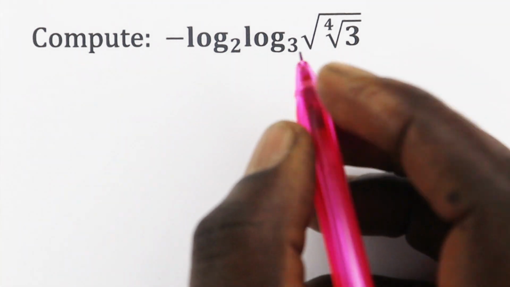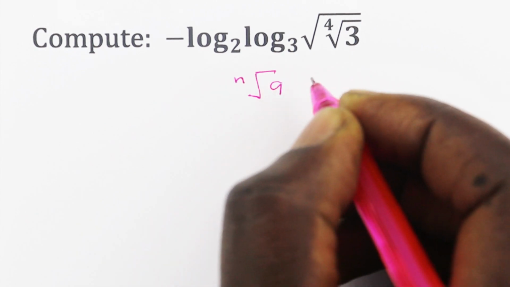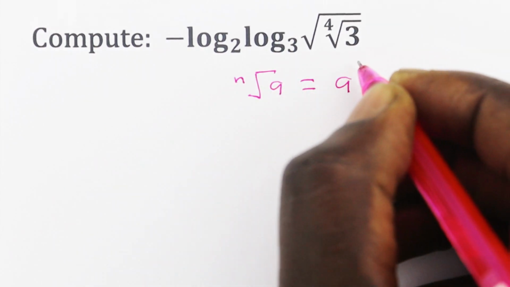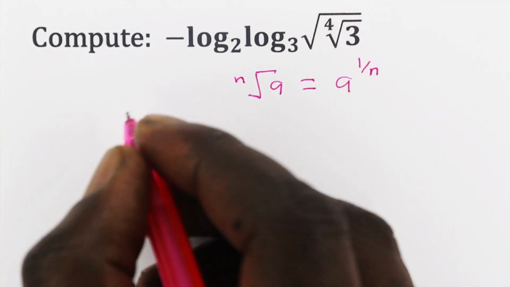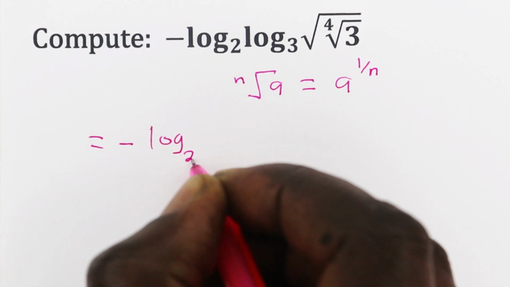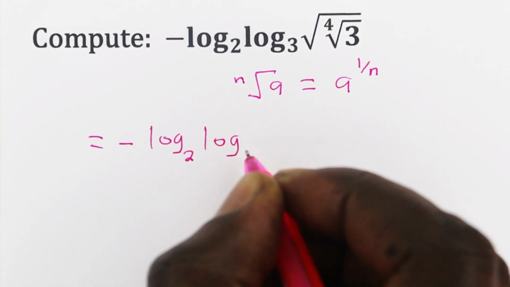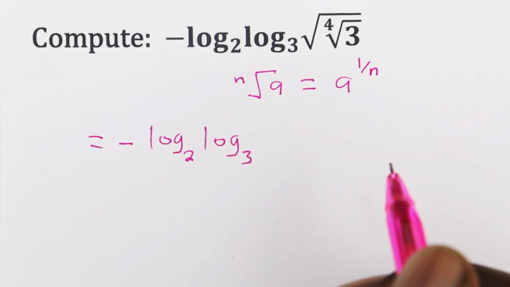So according to the laws of indices, if you have the nth root of a number a, that is the same as that number raised to power 1 over n. So it means here we have negative log to base 2 of log to base 3, and then we write these according to this law of indices.